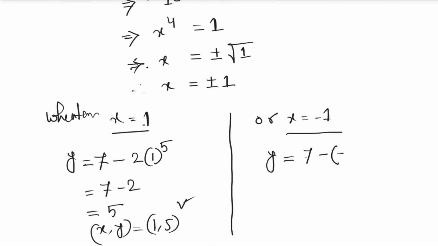So plug in here minus 1 to the power 5, and by the way, it will be 2 here. So the value will be 7 minus, and it will be minus 1 times 2, which is plus 2. So the value of y is 9, right? So the point is (minus 1, 9).